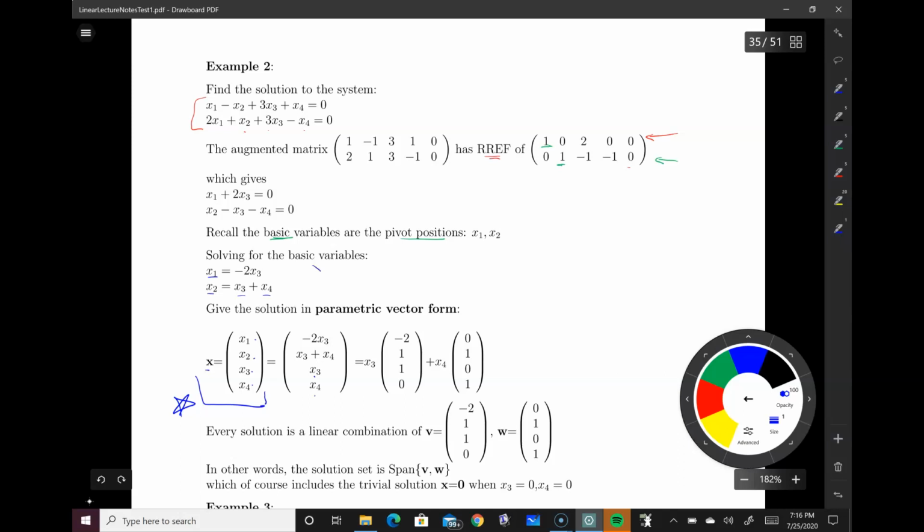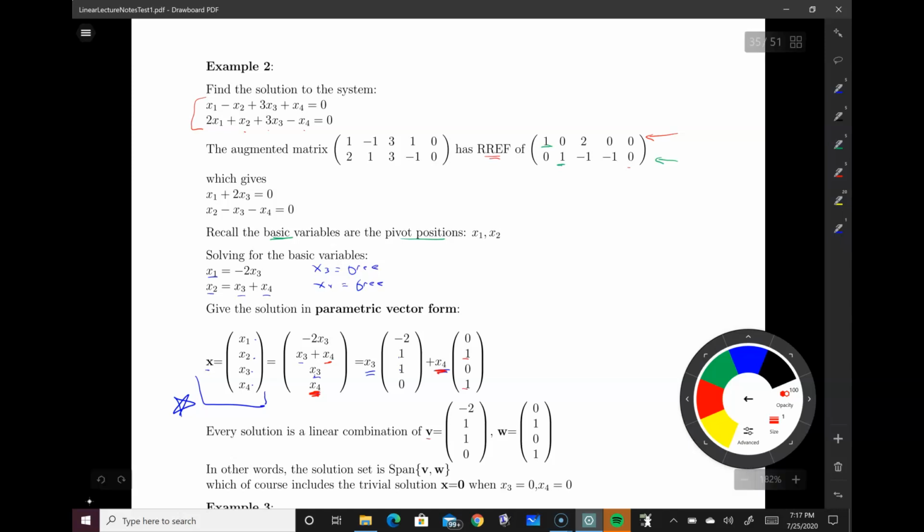I'm not writing it down, but x3 is free and x4 is free, which is why you let x3 and x4 equal themselves. Now I break it up into which terms have x3 and which have x4: negative 2 times x3, 1 times x3, 1 times x3, and for the x4s, 1 times x4 and 1 times x4.